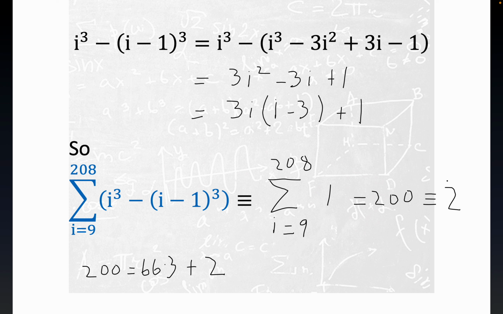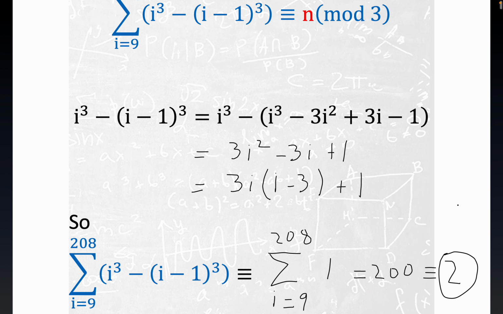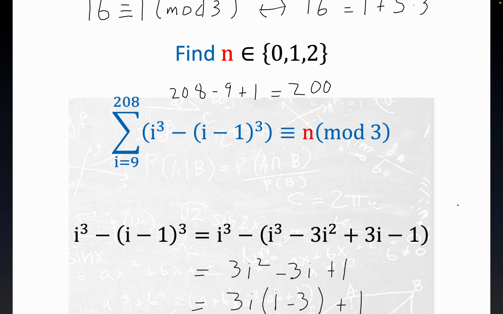Okay, so that's the answer, folks. If I haven't made any mistakes here, 3 times 66 is 198 plus 2 is 200. So it's in that form of a remainder of 2 and a quotient of 66. The 2 functions as the remainder, and that satisfies the congruence. So the answer to the question is 2.